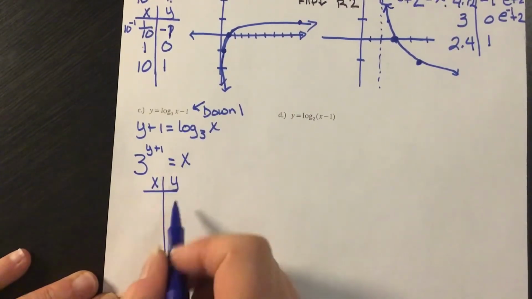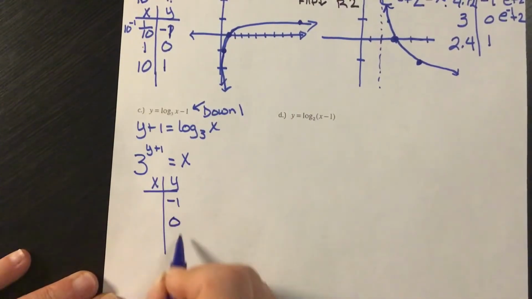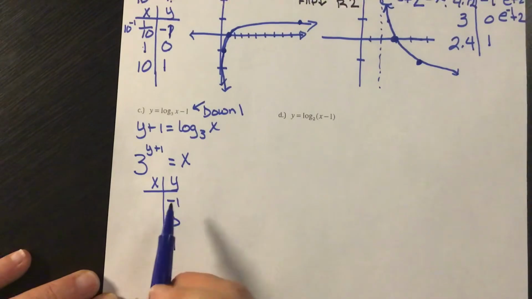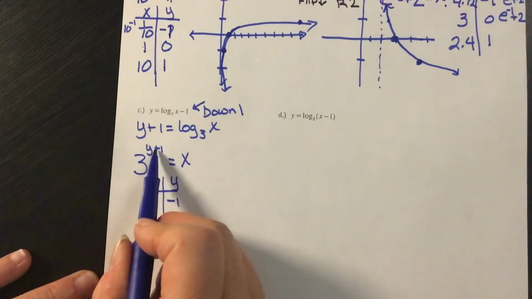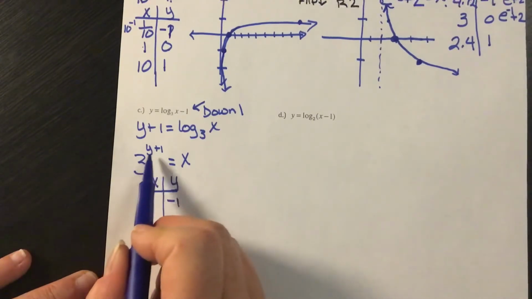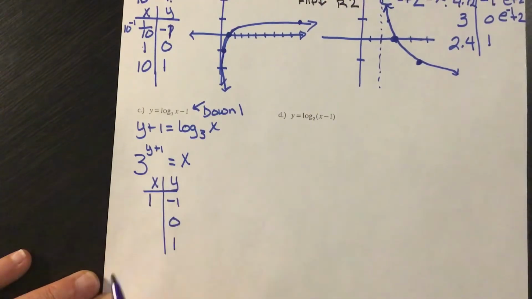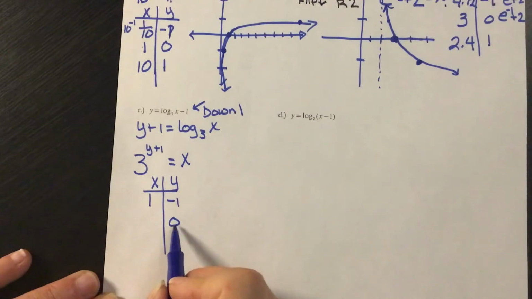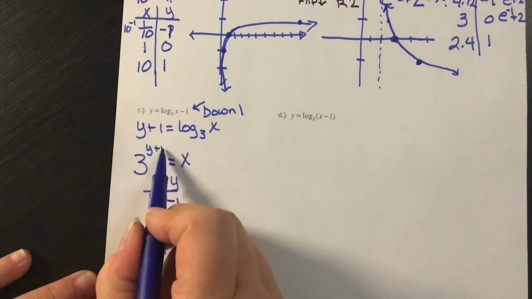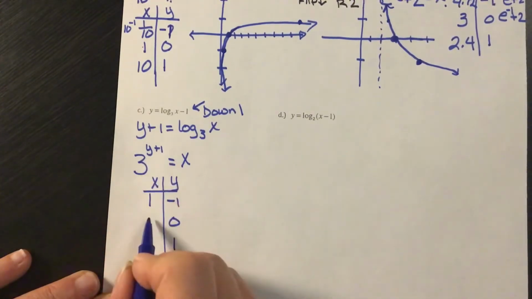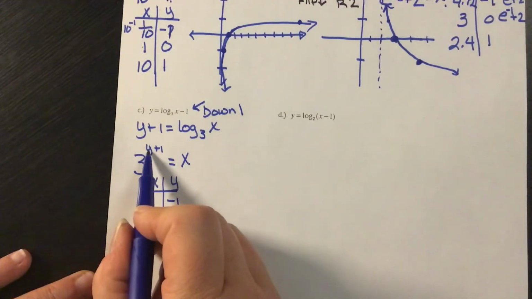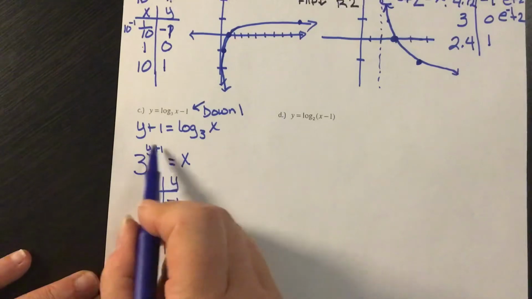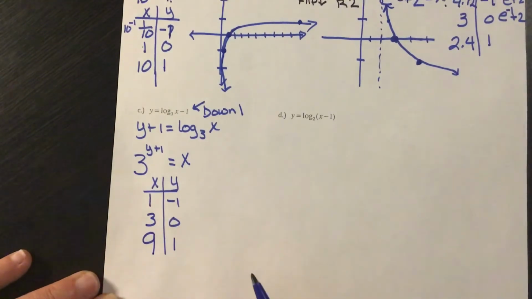So if I do -1, 0, and +1, plug in -1 here, -1 plus 1 is 0, and 3 to the 0 power would be 1. If I plug in 0, 0 plus 1 is 1, so 3 to the first power is 3. And plug in 1 for y, 1 plus 1 is 2, 3 squared is 9.